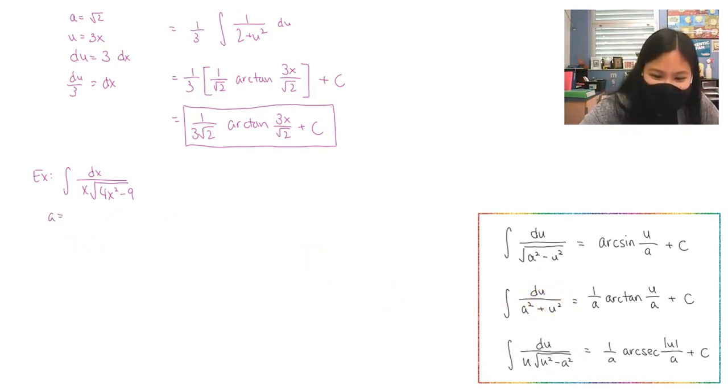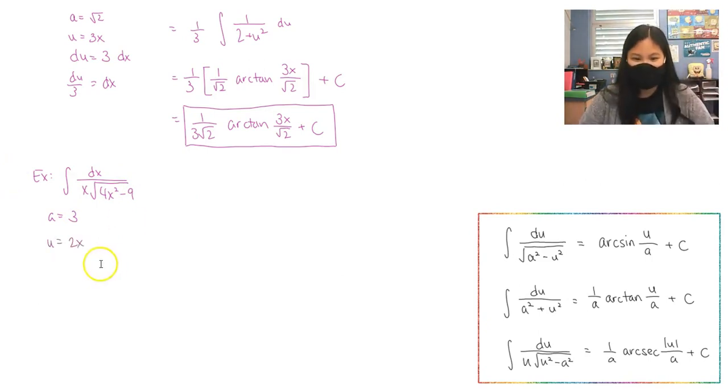So for us, a is going to be 3, because the constant is the 9, so then 3 squared would give us the 9. U is going to be 2x, because 2x squared will give us 4x squared. Okay. And then keep in mind, at this point in time, we are trying to rewrite this entire problem in terms of u.